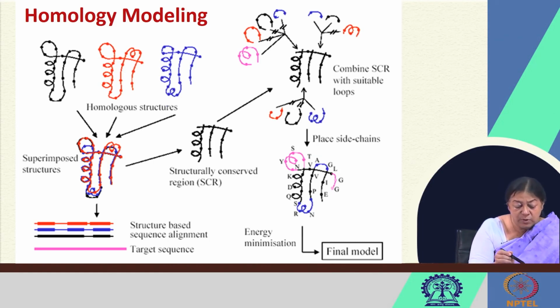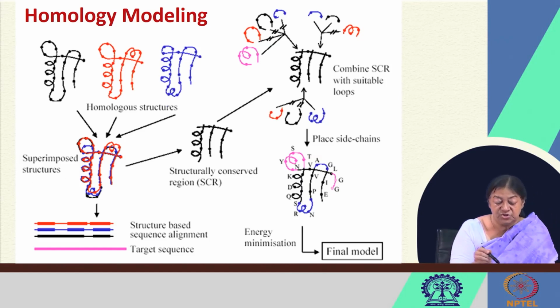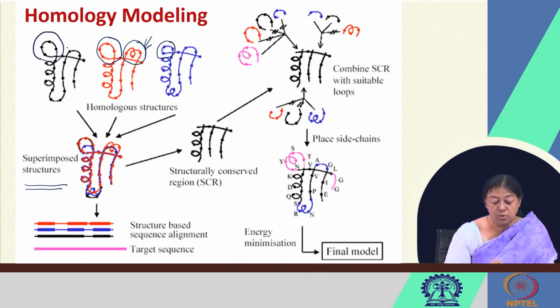If we look at them closely, there are some regions that are structurally conserved. If we try and superimpose these structures one on top of the other, we will see that there are variations in the linker regions, say here and here, where this part is different and this part is smaller, this part is larger, and so on and so forth.